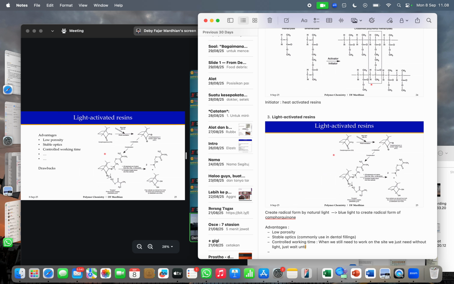However, they also come with some drawbacks, like limited curing depth, which is a maximum of 2 millimeters.